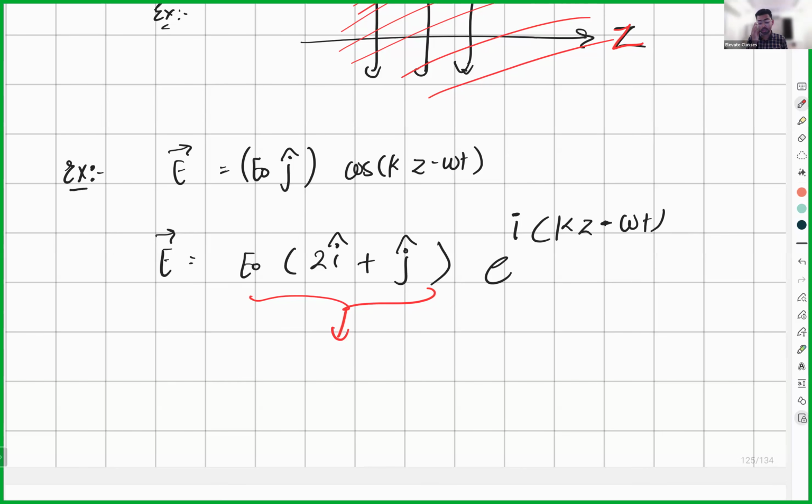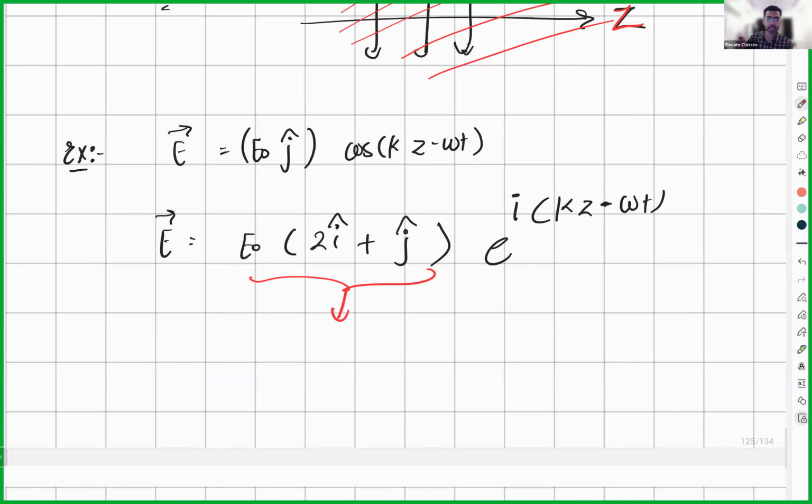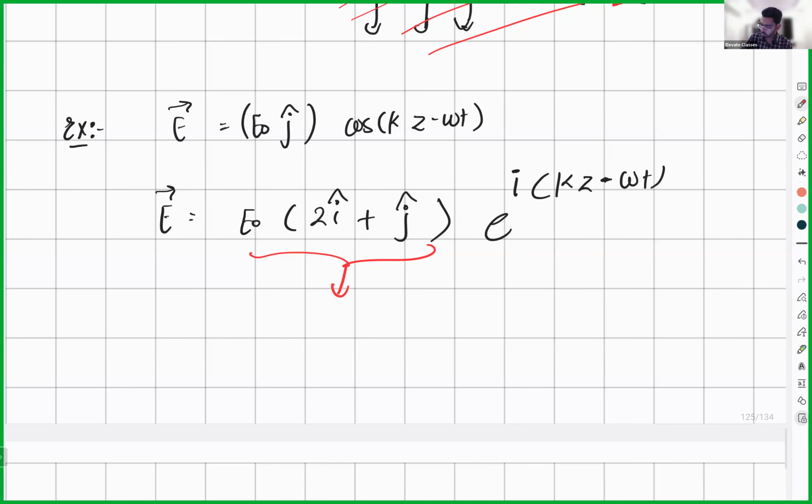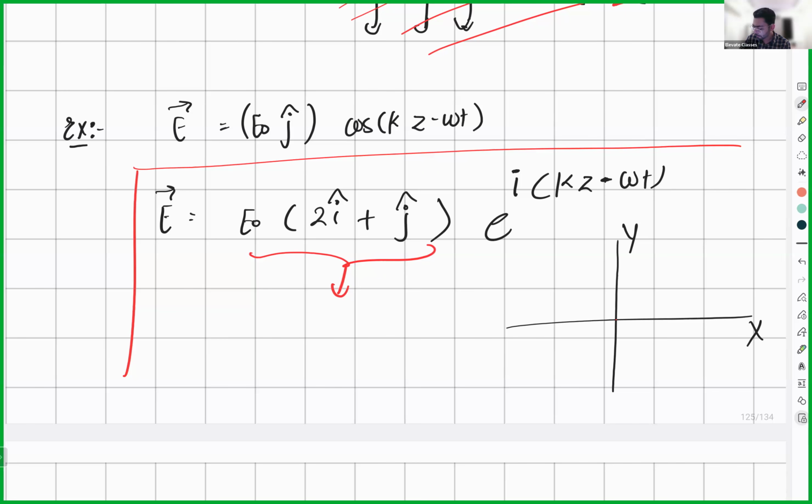That is why there will be only a single plane of oscillation. Just the direction is between the x and y axis. So if I plot this curve x, y, for this particular electric field, my electric field will lie along this kind of line, oscillating in this kind of line.